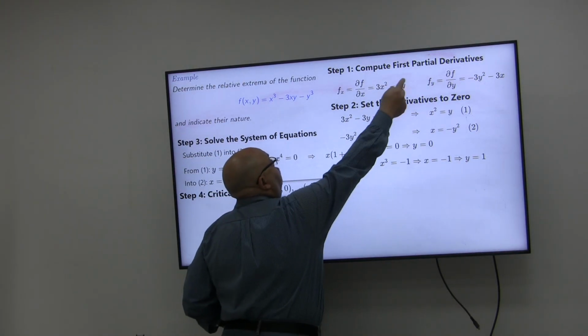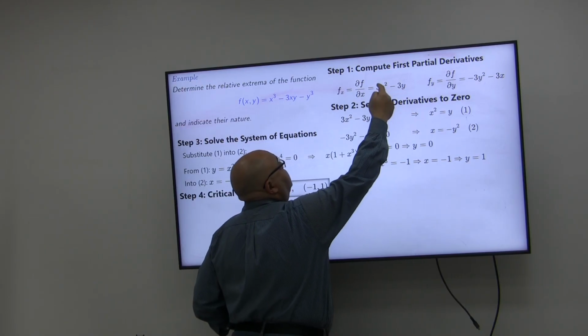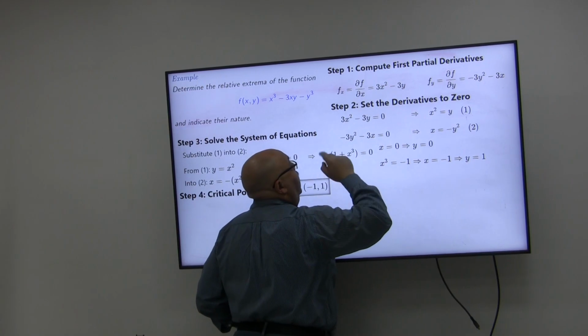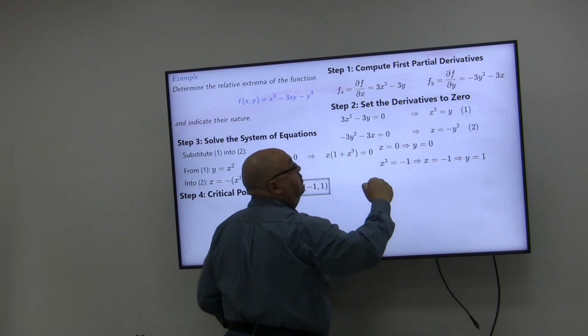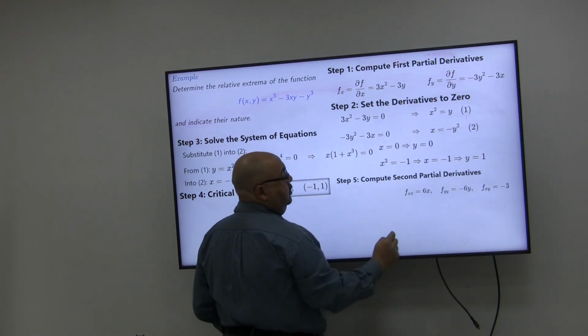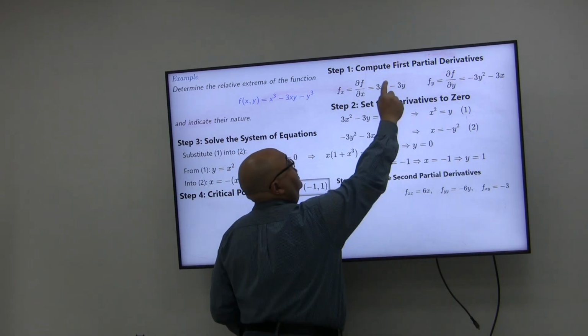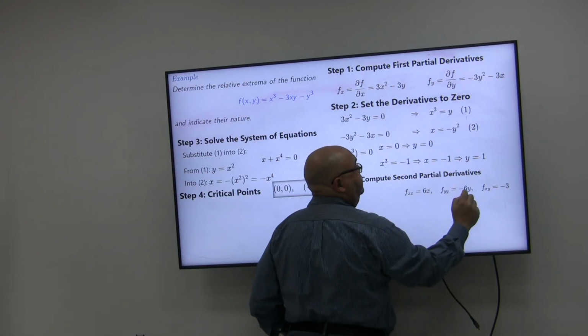So I will differentiate once more with respect to x, which is going to be 6x. Then I will differentiate with respect to y for the second time, which is going to be negative 6y. So if you notice, f double x is going to be 6x. f double y is going to be negative 6y.